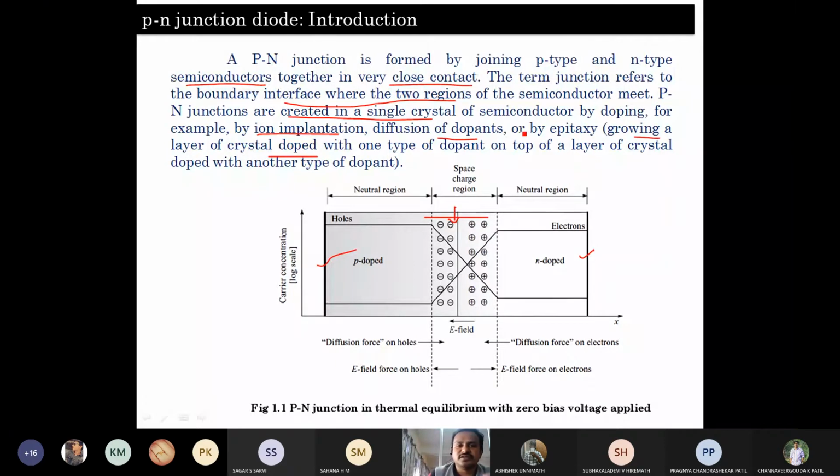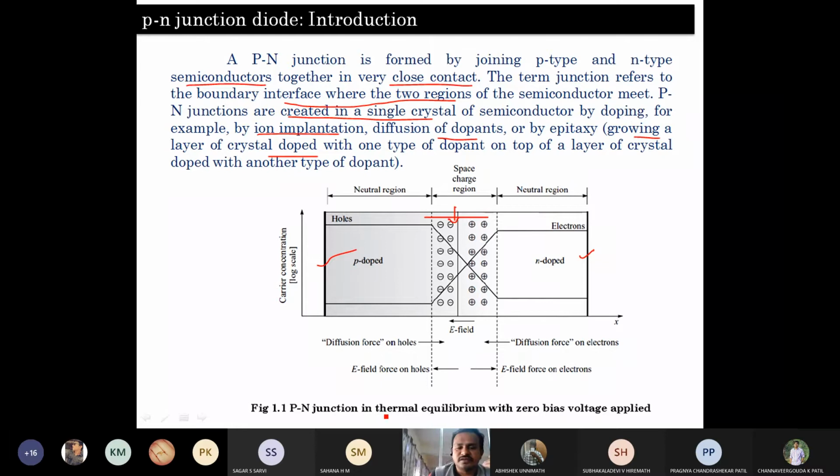By using these methodologies, we get a junction between P-type and N-type semiconductor material. From this diagram, you come to know how the diode will be created.